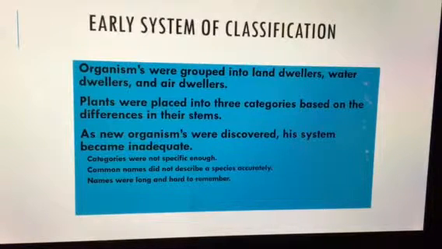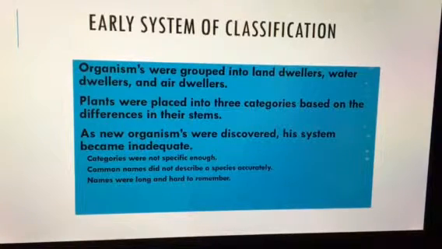Their categories weren't specific enough. The common names did not describe a species very adequately, and the names were too long and too hard to remember. So people started coming up with common names for things, and there was really no system with Aristotle's. It kind of went out the window as soon as it came in. It was a right idea, it just was very, very poorly executed.